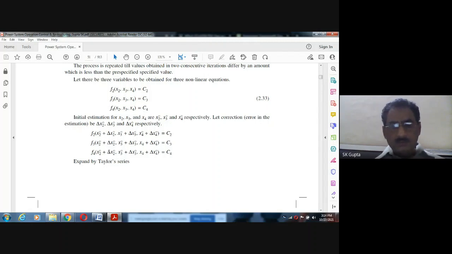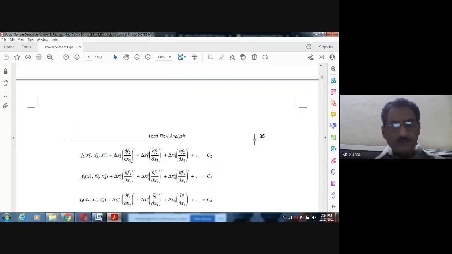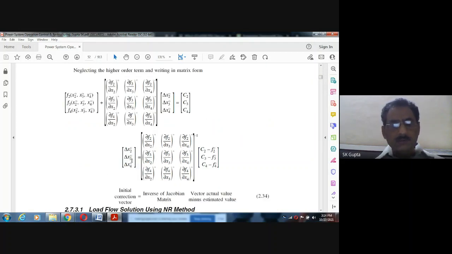Then, after applying the Taylor series, we are able to write this matrix, which is called the Jacobian matrix. These values are known. These are estimated function values, meaning after putting in the values we have assumed, this value is calculated. This minus this is written here.